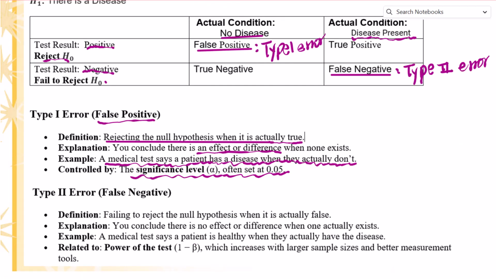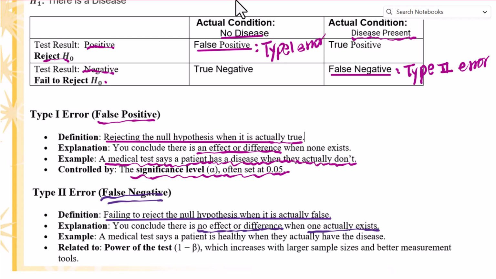Type 2 error, false negative. Definition: failing to reject the null hypothesis when it's actually false. Explanation: you conclude there is no effect or difference when one actually exists.